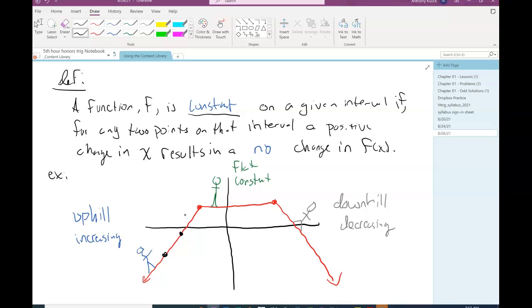I should also get a positive change in y when I subtract them in the same order, because the point on the right is higher than the point on the left. So the change in y should be positive. And you can see similarly how that would translate all the way through. That's why in the definition it's always a positive change in x: you're taking the right-hand point and subtracting the left-hand point. So you're looking at moving from left to right.